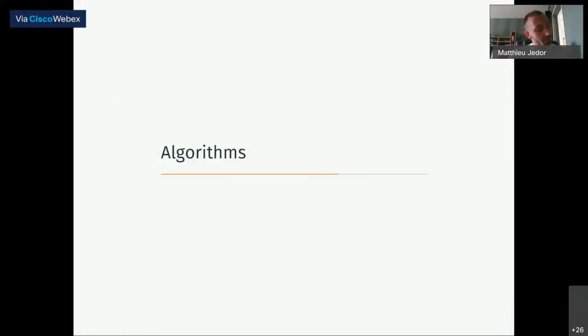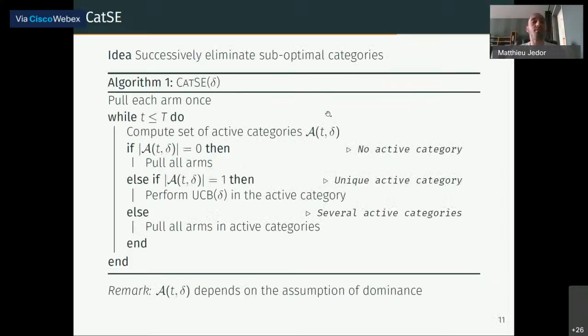So now we present 2 algorithms for the categorized bandit setting. The first one is based on the idea of successively eliminating suboptimal categories. In this algorithm, at each time step t, we will compute a set of active categories.